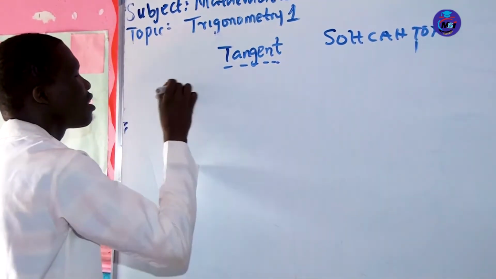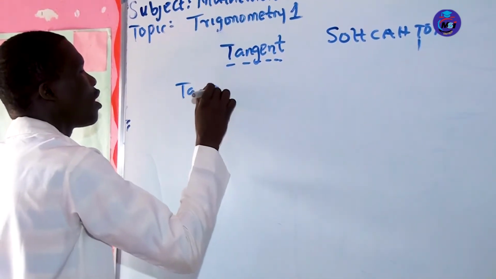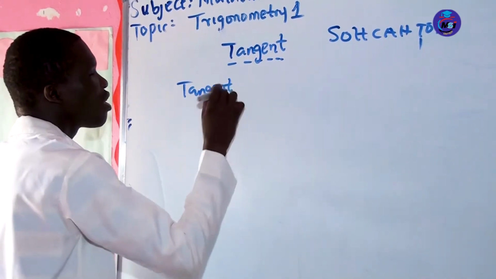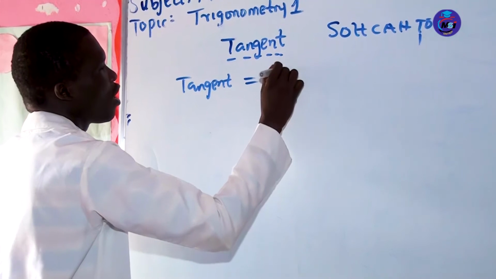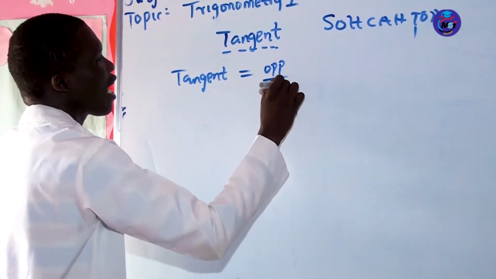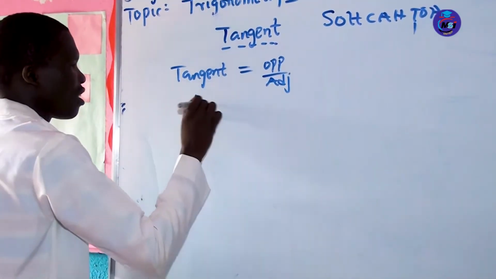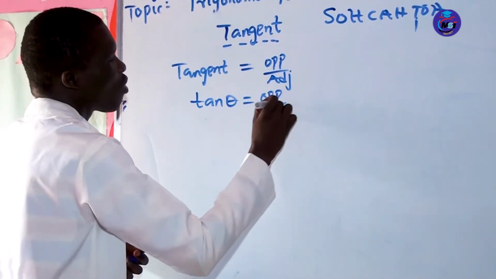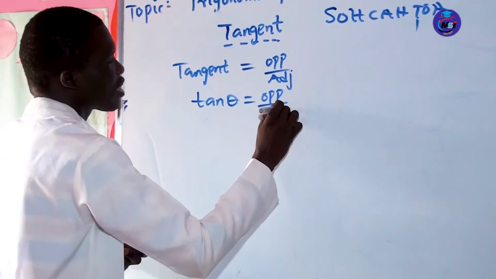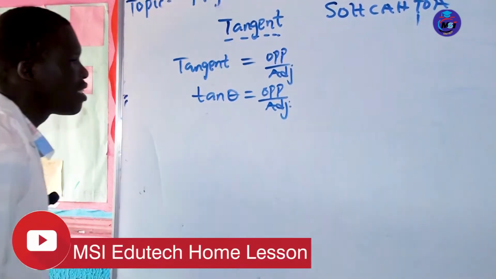This is tangent. Sometimes we call it tan. Opposite over adjacent. Okay, so tan theta will give us opposite over what? Adjacent.